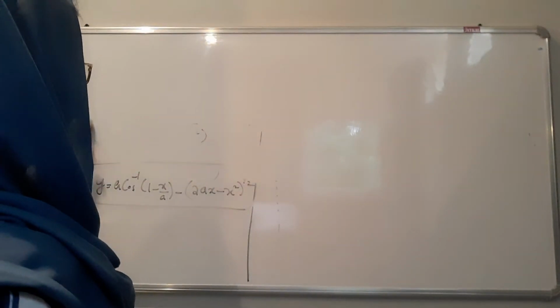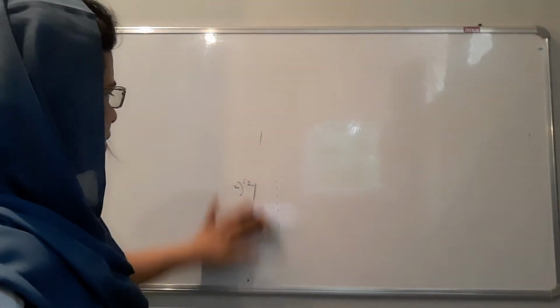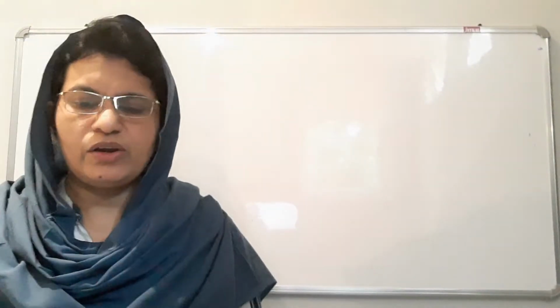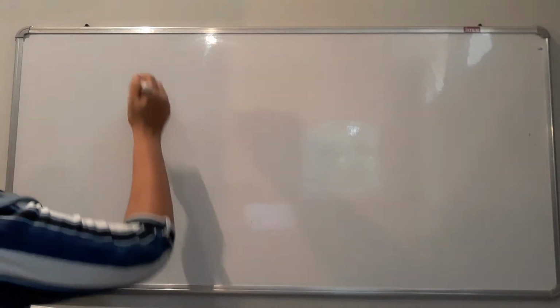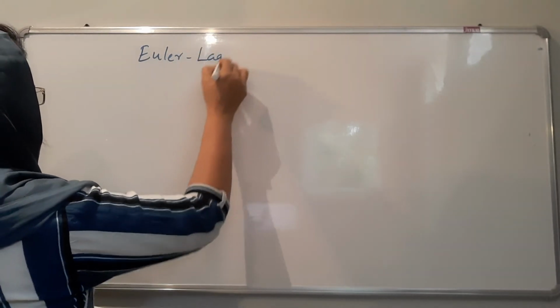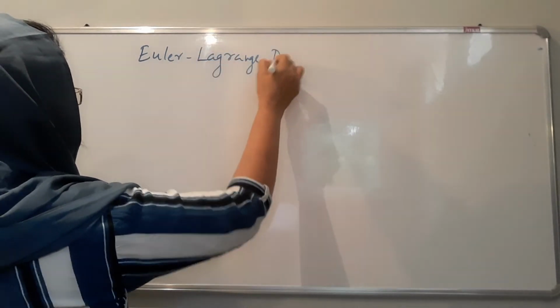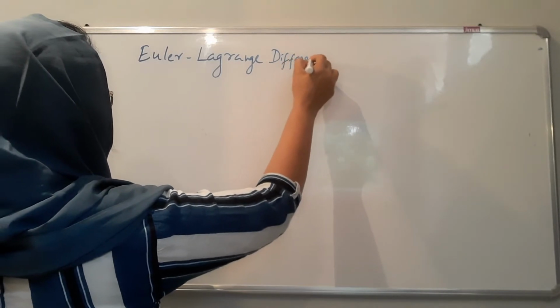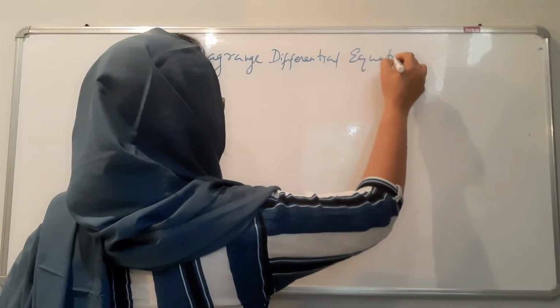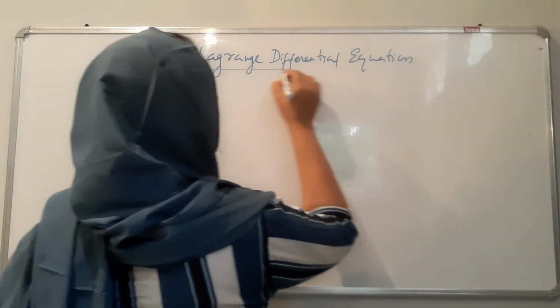Now, using the same principle, we can derive an equation that is called Euler Lagrange's differential equation. This we are going to derive. This is an equation based on the technique of calculus of variation.